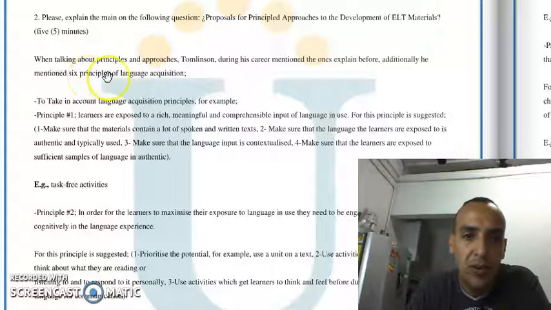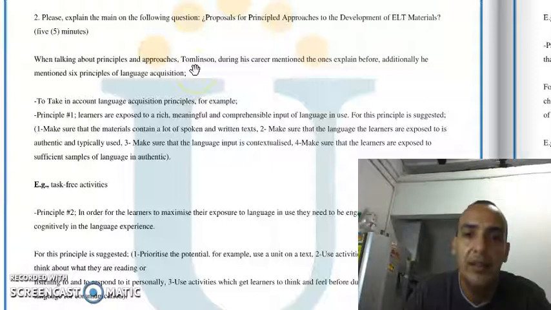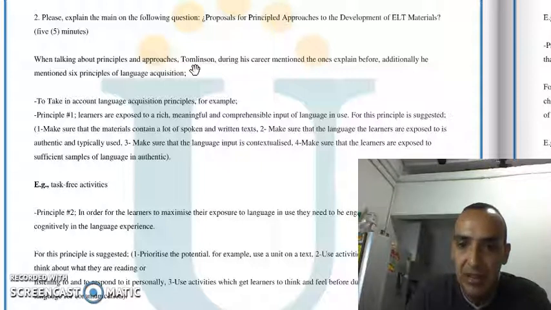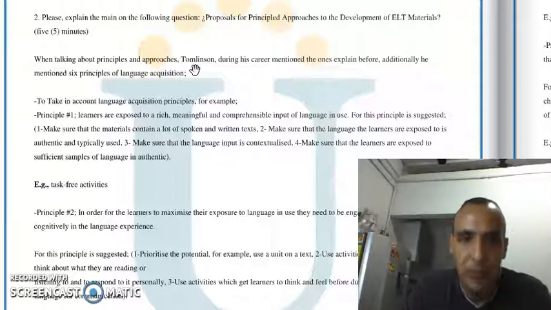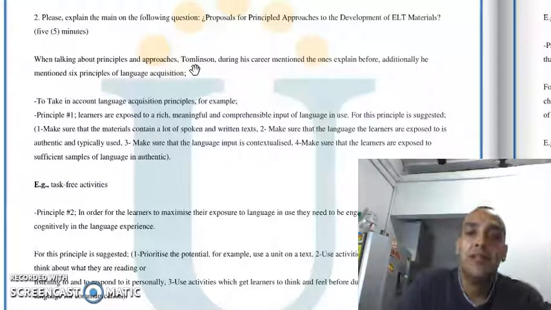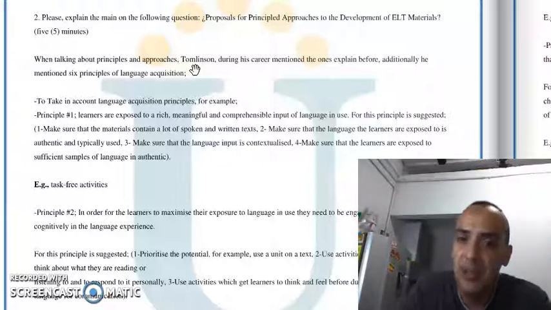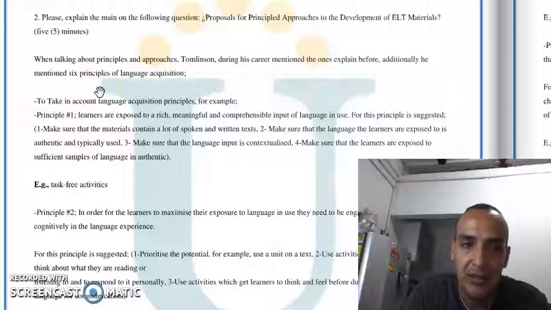So when talking about principles and approaches, Tomlinson, during his career, mentioned something that I explained before, but additionally to this, he mentioned 6 principles. These principles are the principles of language acquisition. So let's see in detail.